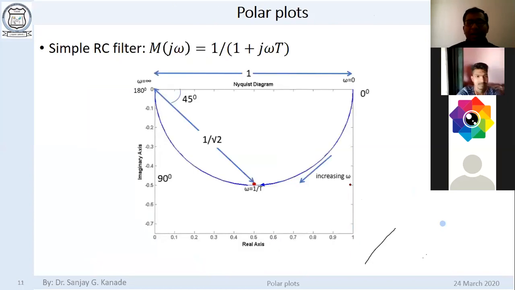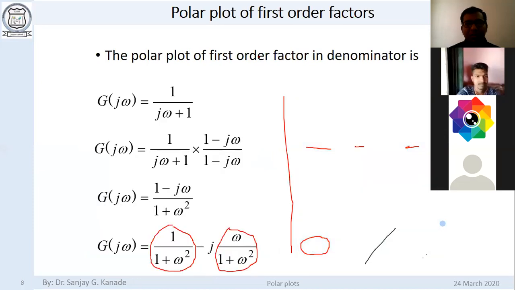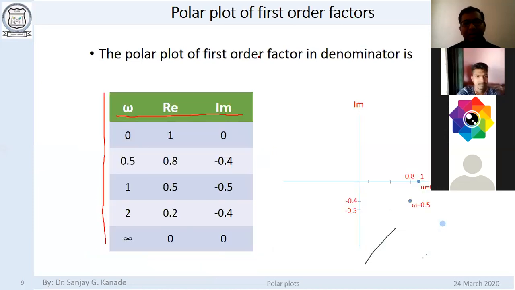What it actually is, is like a simple RC filter. If you remember, the transfer function of a simple RC filter is 1 upon 1 plus sT, right? T being the time constant of the system. In this case, T was equal to 1, right?